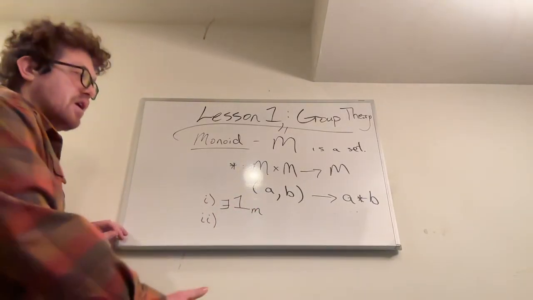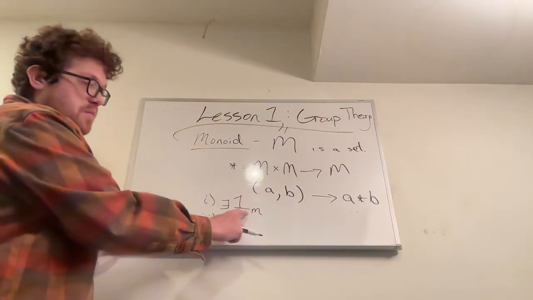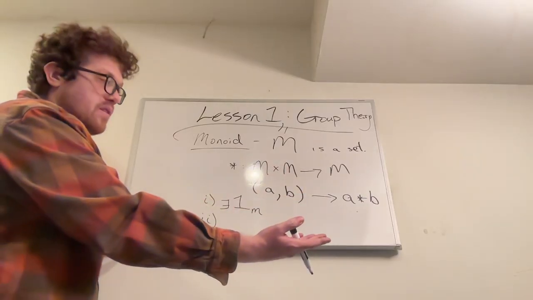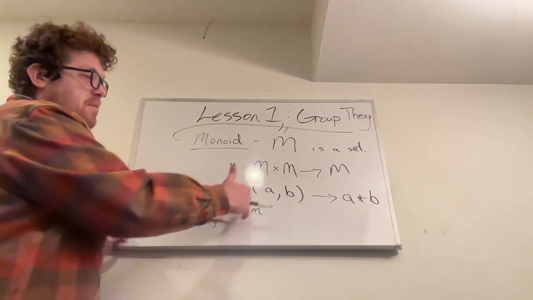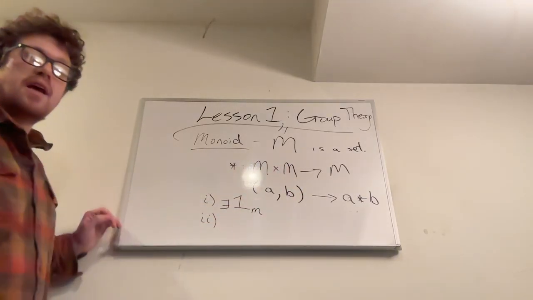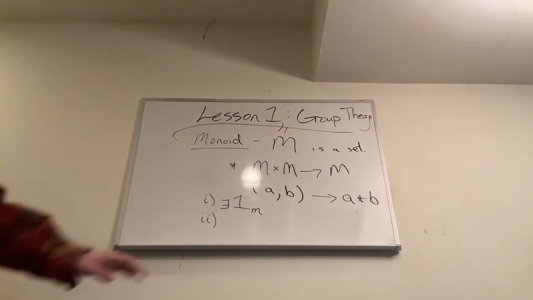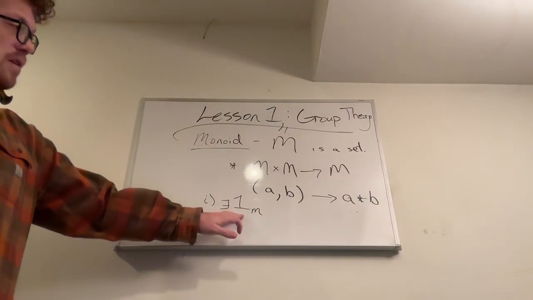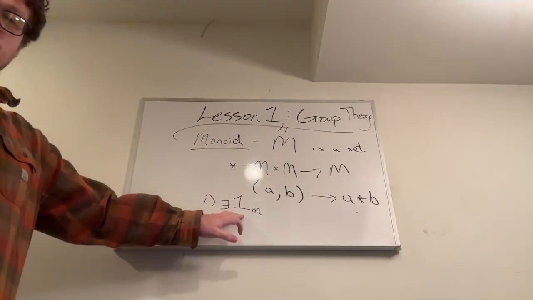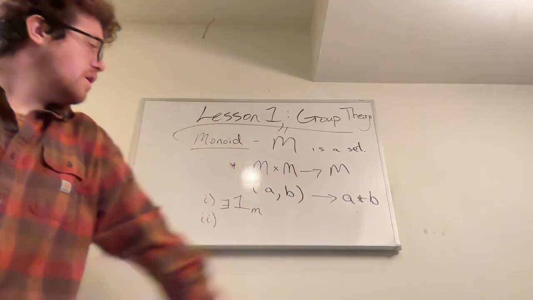So if we had any element like A and I multiplied it by 1, I should just get A. Or if I start out with 1 and I multiply on the right by A, I still just get A. So there has to exist this identity element, which is identity under this product.